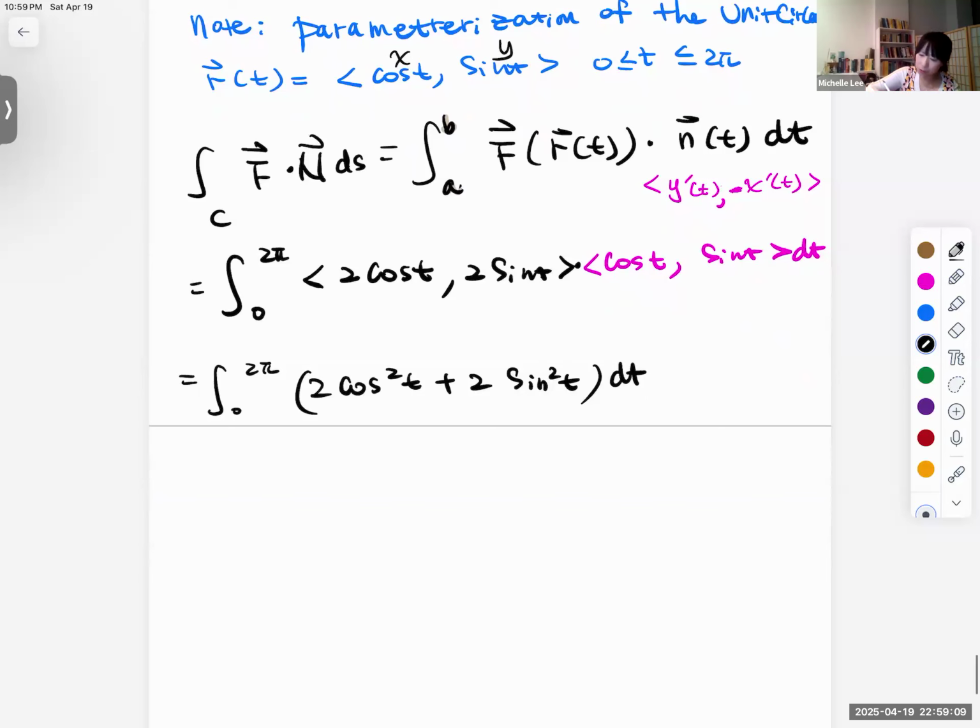Let's factor out 2 from 0 to 2 pi of cosine squared t plus sine squared t, dt, which is 1.